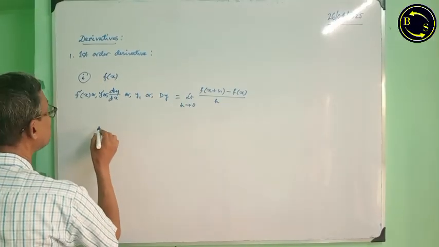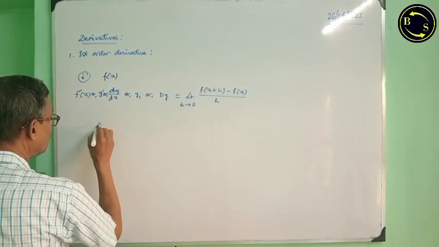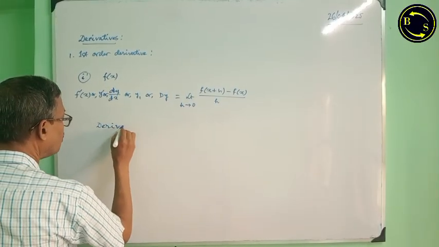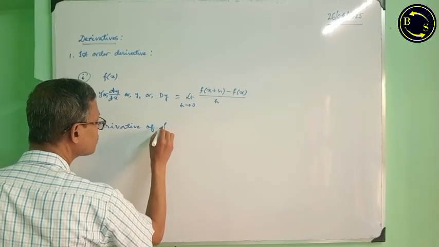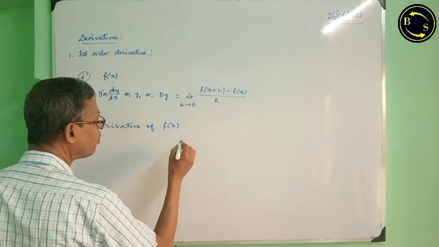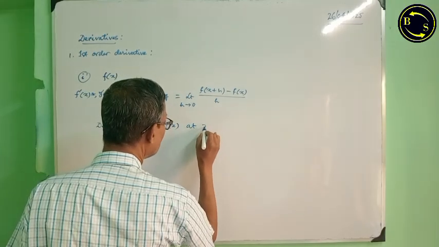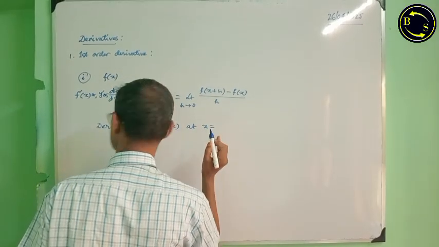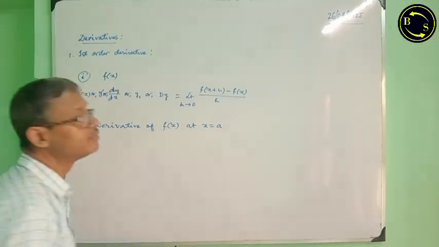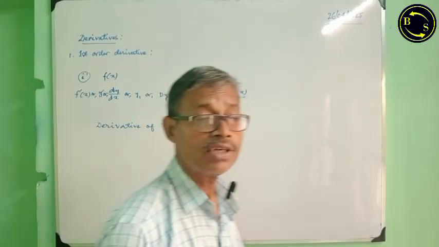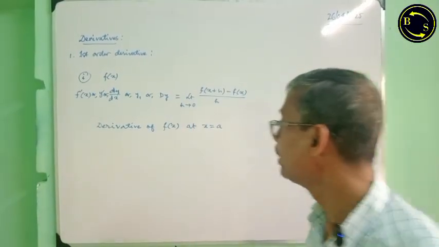Next thing is the derivative of f(x) at a certain point, say a. At a certain point, say x equal to a.